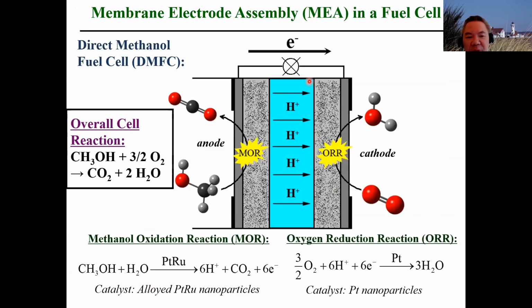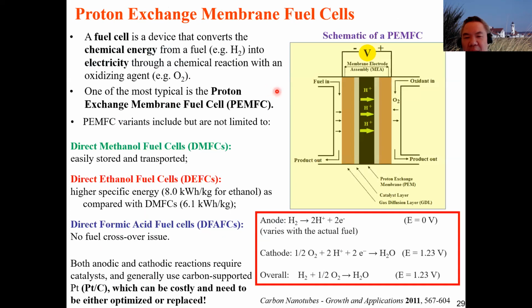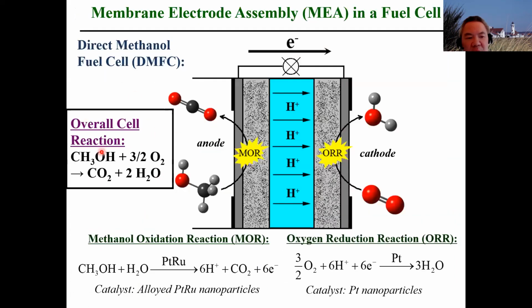Now, a direct methanol fuel cell is based on methanol. The overall reaction is methanol plus oxygen going to CO2 plus water. At the anode, where you have the oxidation process, you have methanol oxidation taking place: methanol plus water, catalyzed by platinum ruthenium, going to acid plus CO2 plus six electrons.